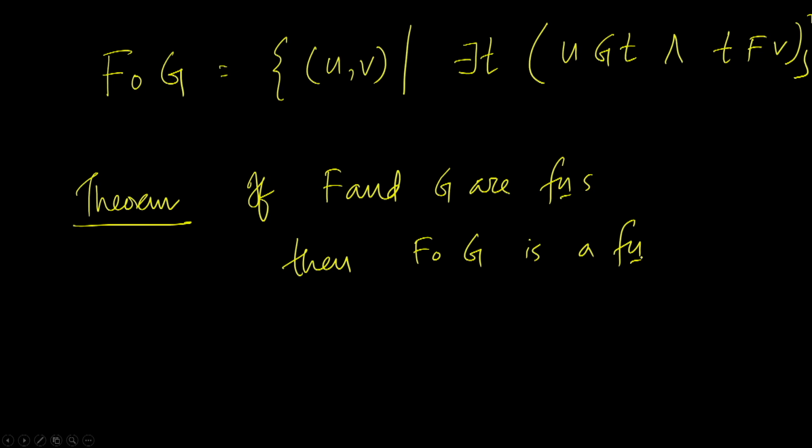If g is a function and g is applied on u, then it will produce a unique t. And if f is a function, when f is applied on t, it will produce a unique v. Therefore, f composition g will also produce a unique v for every u belonging to the domain of it.